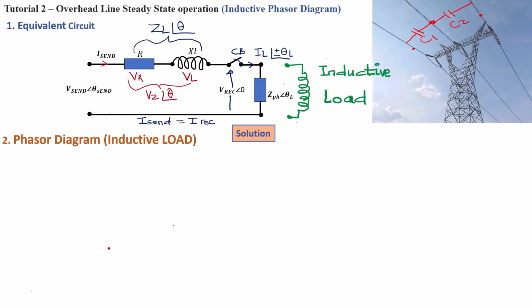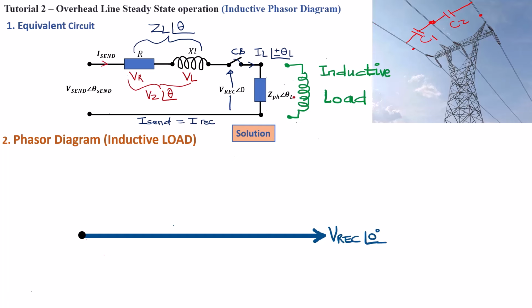Great. So first you need your origin, the starting point of everything. So this is our origin here. Then you need to draw the reference voltage, which is Vrec at 0 degree angle. And we draw our Vrec. Okay.